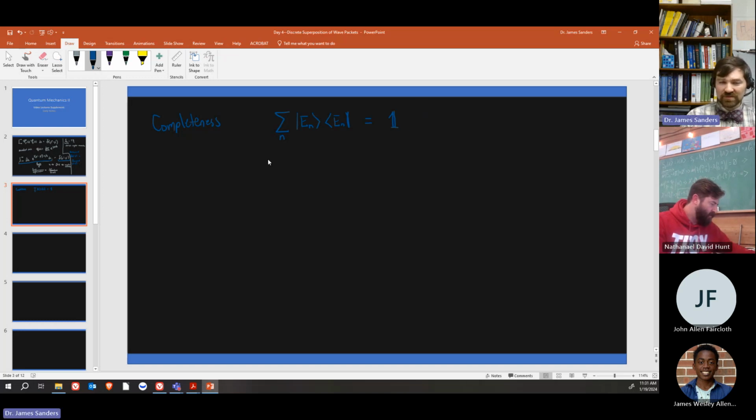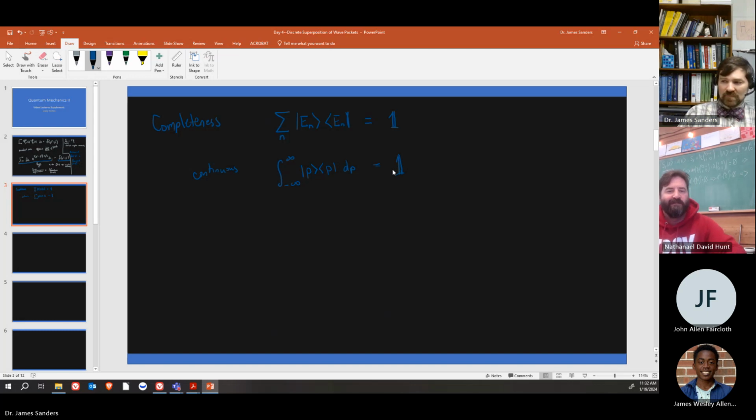And for continuous states, it should look like an integral from minus infinity to infinity of whatever our states happen to be, just P states, dp. And this should also give me unity.